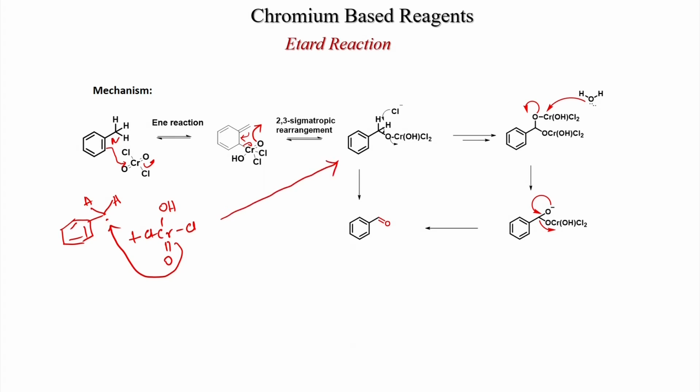So, either by the radical possibility or by the ene mechanism we will generate this alkoxy chromium intermediate, which after hydrolysis or further reaction gives this acetal chromium complex, and that also will give the benzaldehyde.